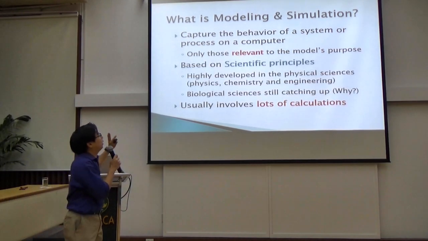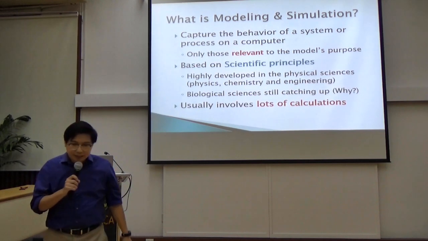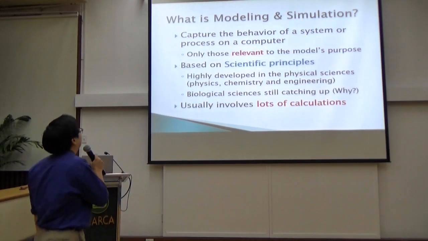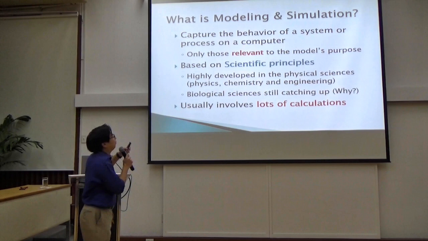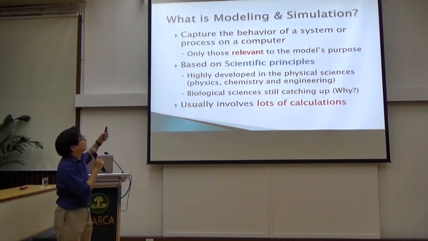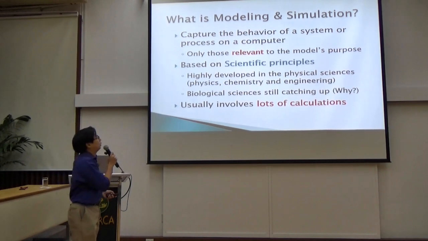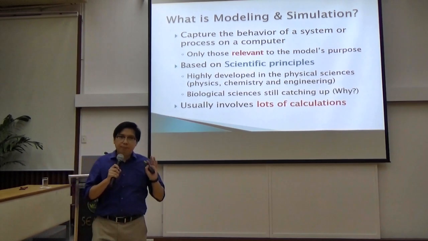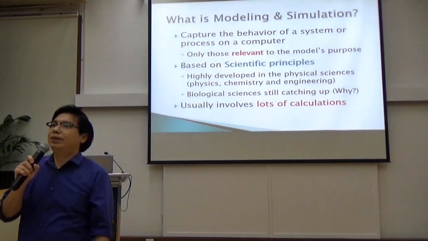So just for you to remember again, what is modeling and simulation? Basically, you try to get the behavior of something in your system. There's a behavior of a system. Okay, scientific principles and involves tons of calculations. So we'll go a little bit deeper now. What is the system? What do you think is a system?